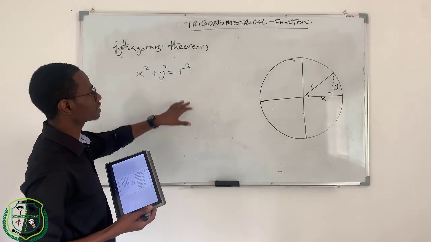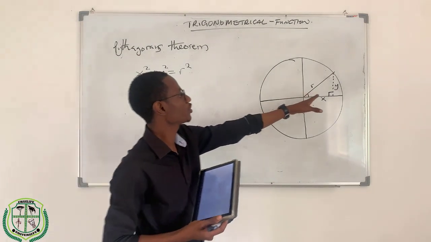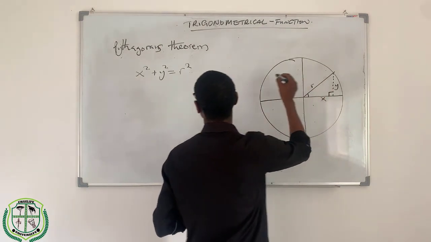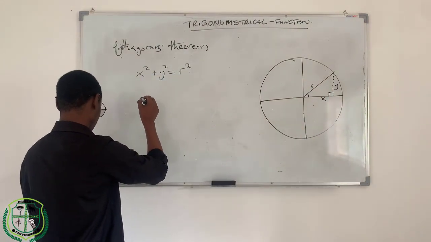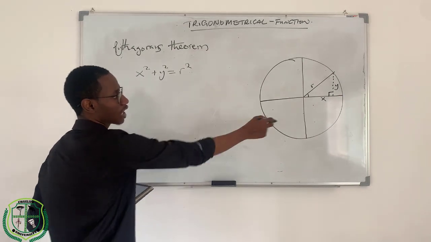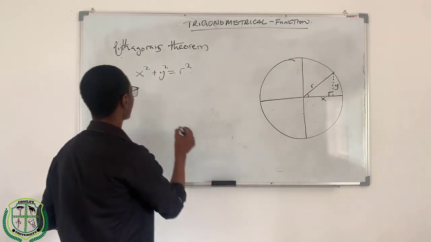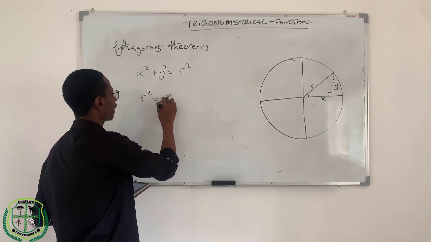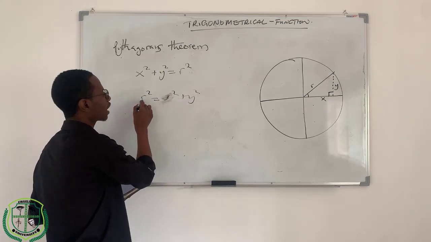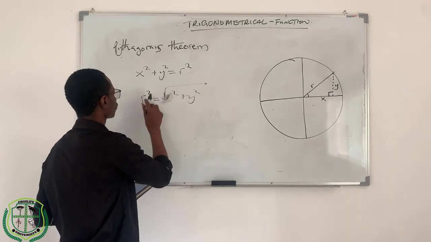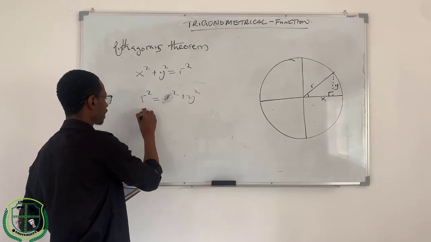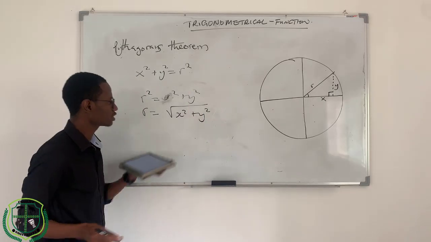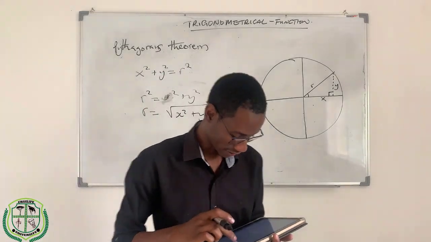So to find r, the hypotenuse, we say r is equal to the square root of x squared plus y squared. For us to get this r, we square root both sides, and our r squared is gone, and we can find our r.